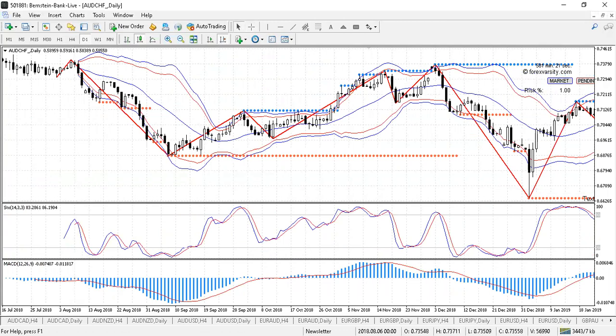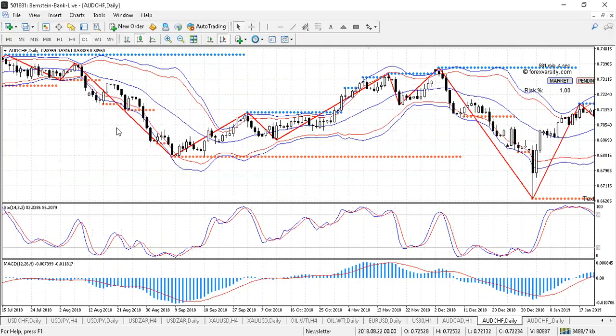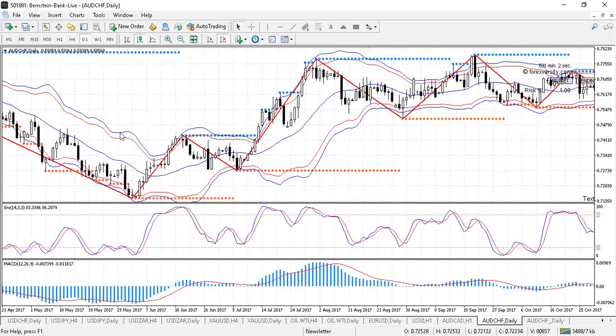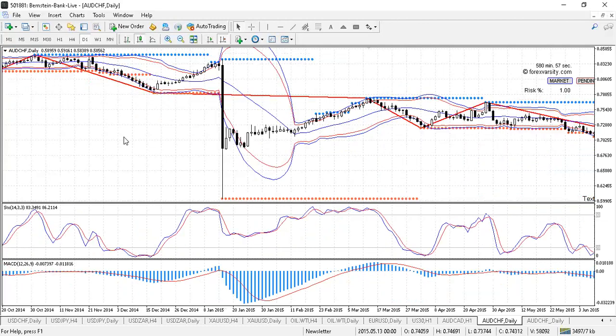Whereas if I go to the same chart that hasn't got the underscore, there you go, sorry about this. It allows me to scroll back a lot further in time, which is quite handy for trading on the higher time frames.